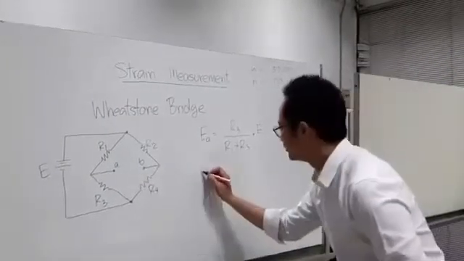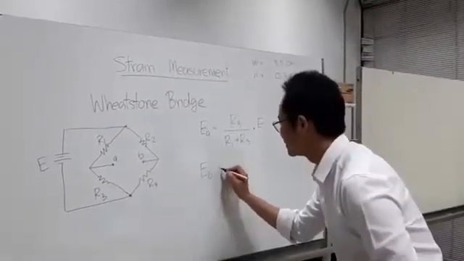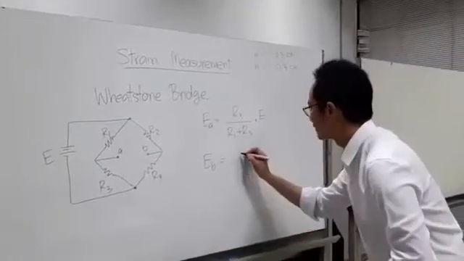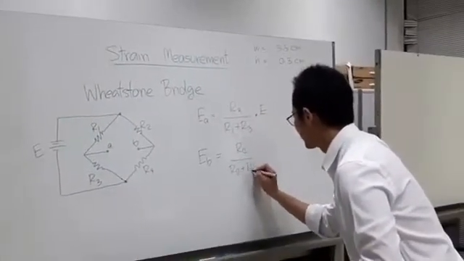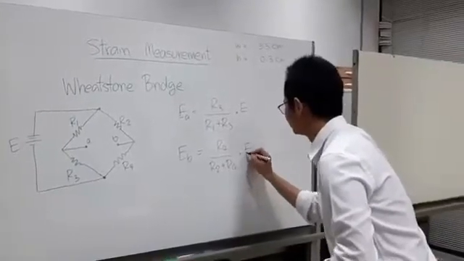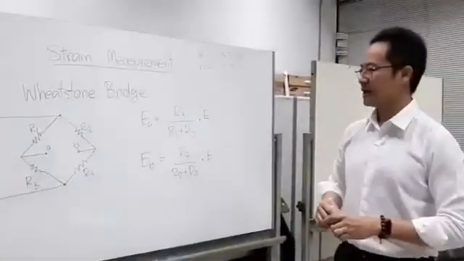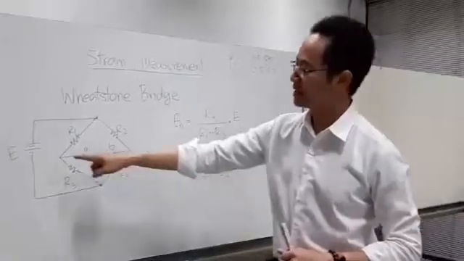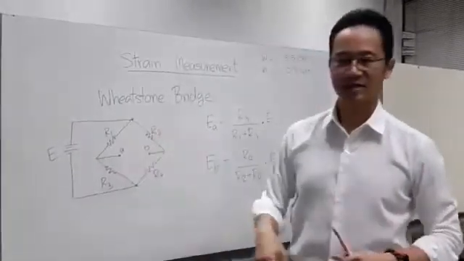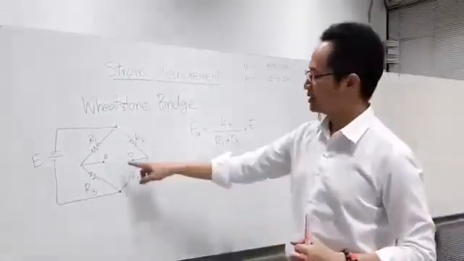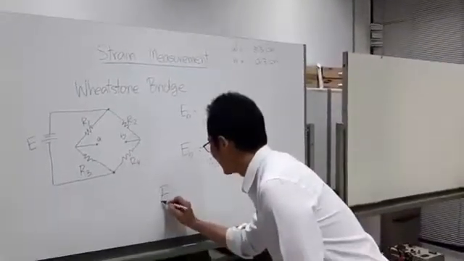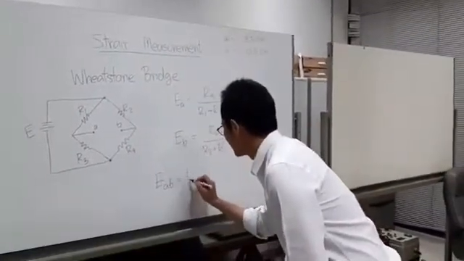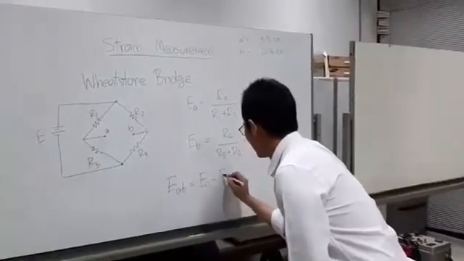And then for EB, it's almost the same thing: R4 over R2 plus R4 times E. Then what happens? This is the input to the system, just like a DC input, and this is the output between A and B, the so-called EAB, equal to EA minus EB.